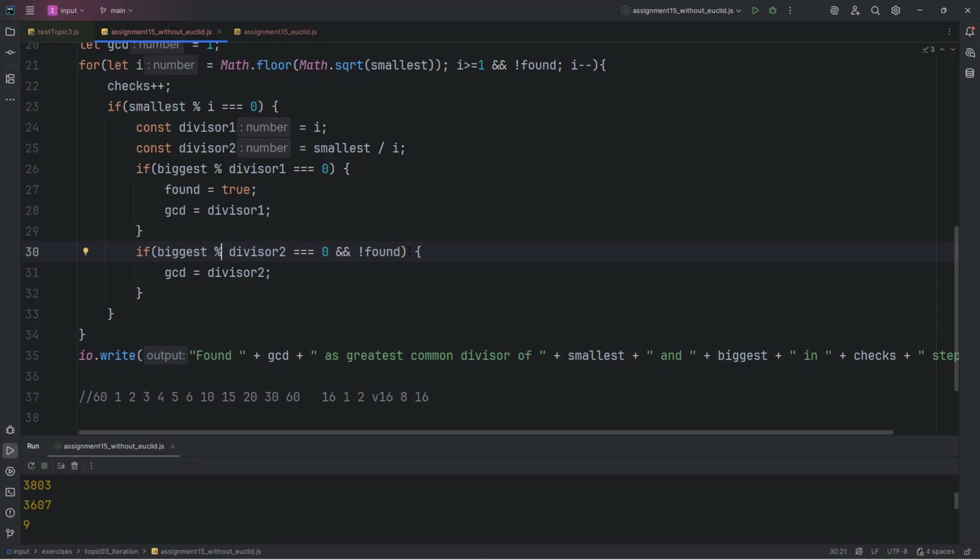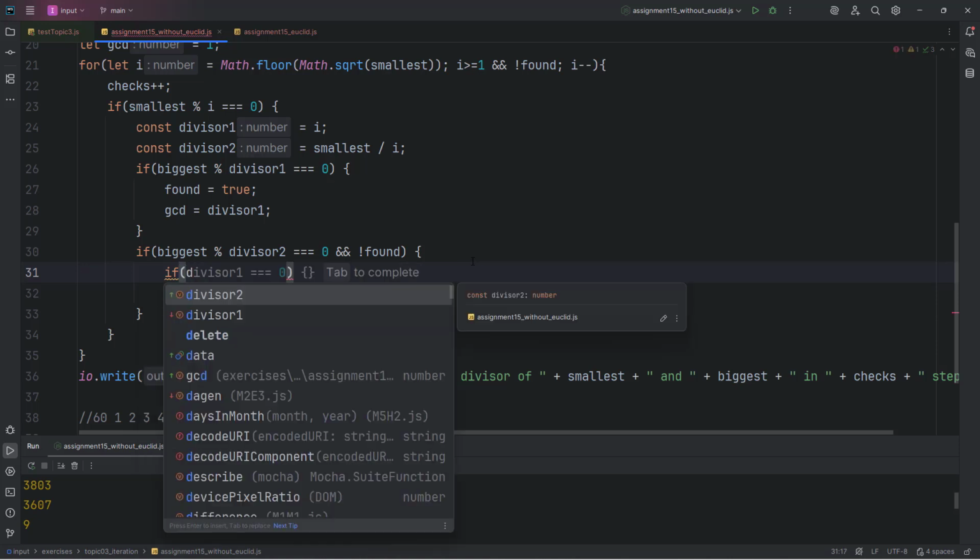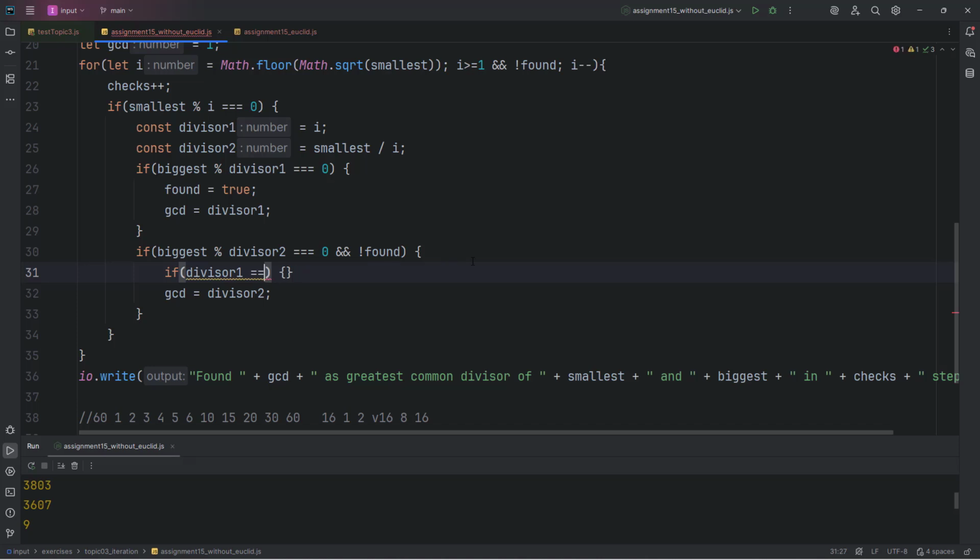Okay, so if it's a divisor and I haven't found the greatest common divisor, because that would be the one on the right hand side, and so I found divisor 2 to be the biggest one, and I have found and haven't found it, and finally I can say that this is going to be replacing the GCD only if divisor 2 is bigger than GCD.